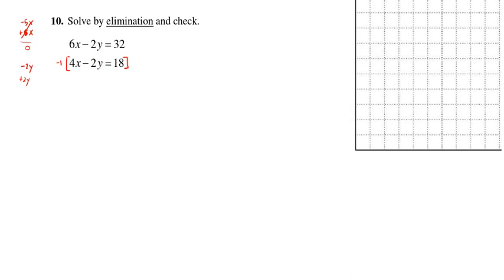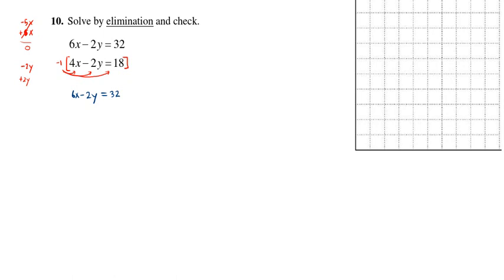So I will keep the first equation exactly the same. That is 6x minus 2y is equal to 32. And on the second equation, we multiply each part by -1.